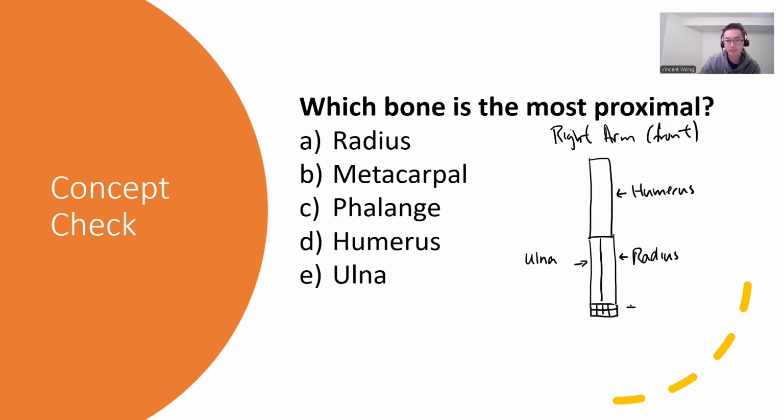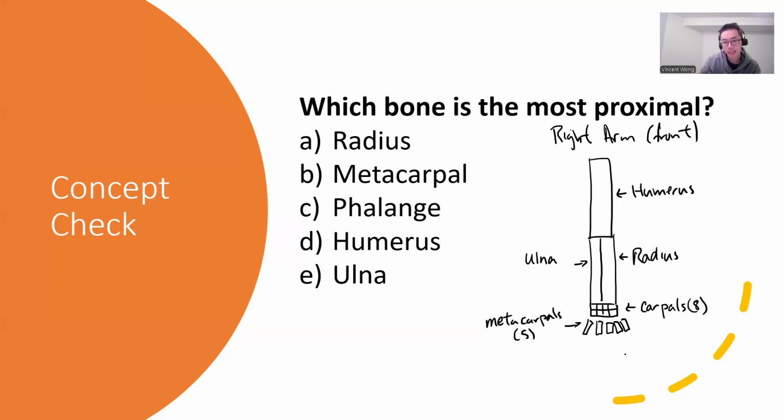8 of them. Carpals, your carpals. Metacarpals, 5, and then your finger bones. Okay, finger bones.